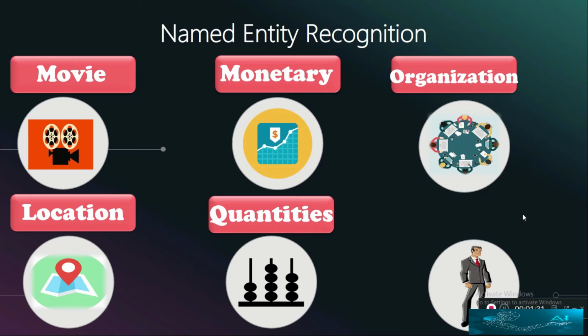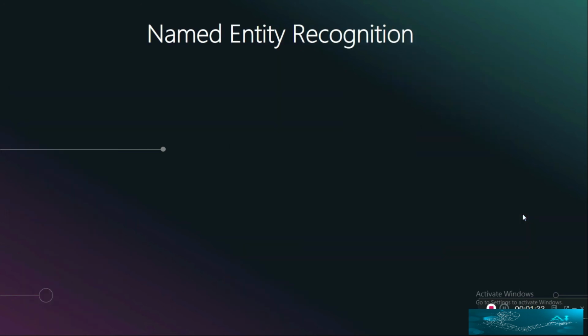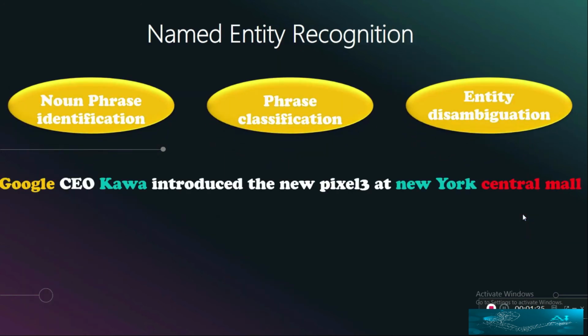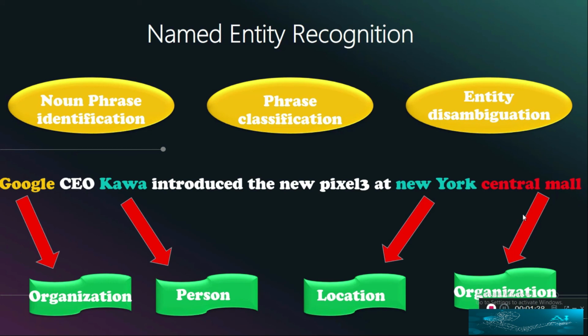So if you look at this particular example, "Google CEO Kawa introduced the new Pixel at New York Central Mall." Google is the organization, Kawa is a person, and New York is the location. Central Mall is also identified as an organization.